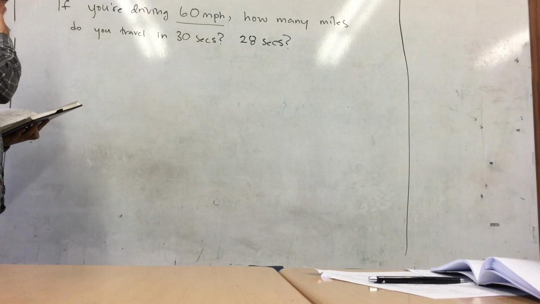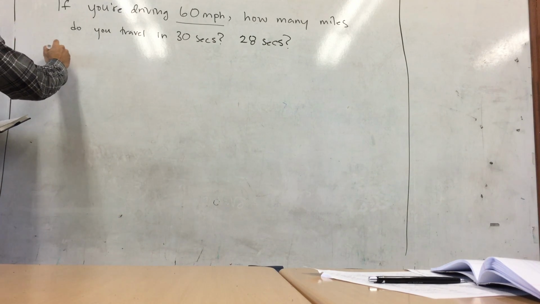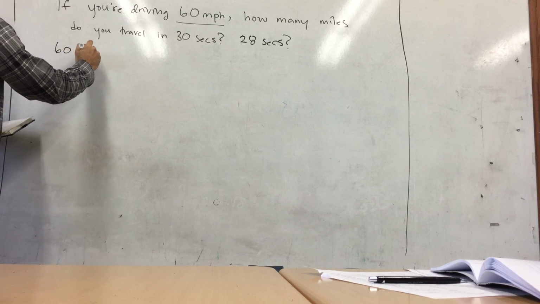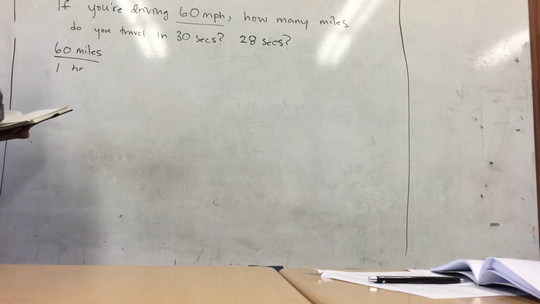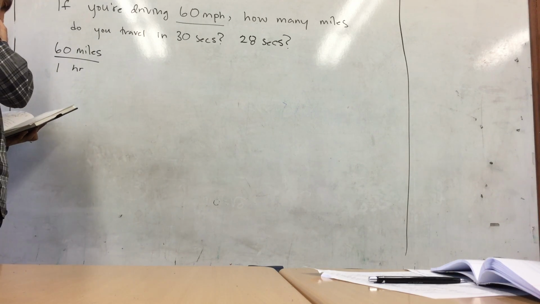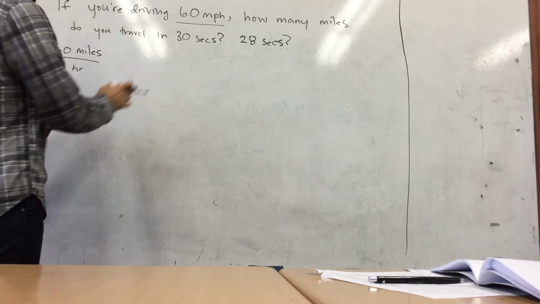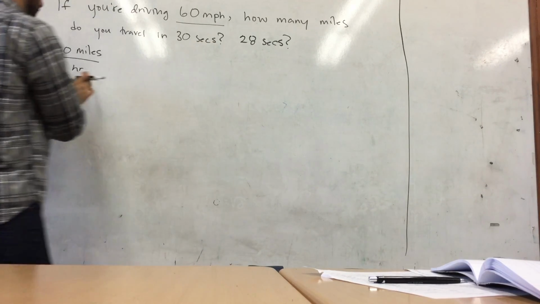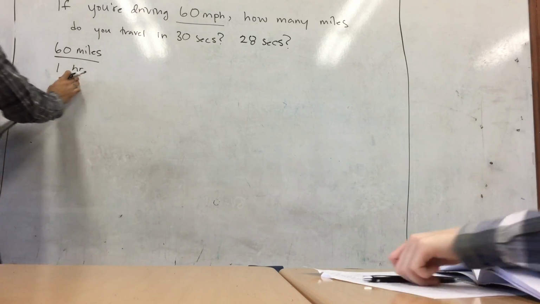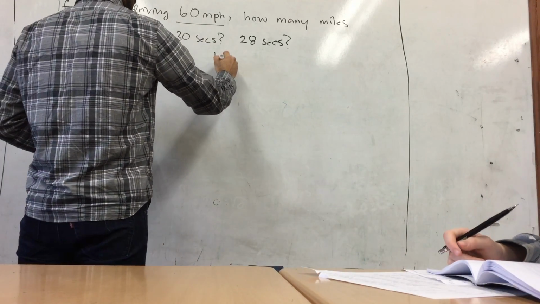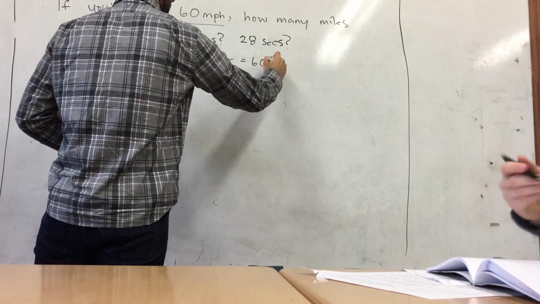Alright, let me walk you through this first part. 60 miles, 1 hour. Okay? I'm asking for how far you're going in seconds. So we need this to be seconds right here. Alright? 1 hour is 60 minutes.